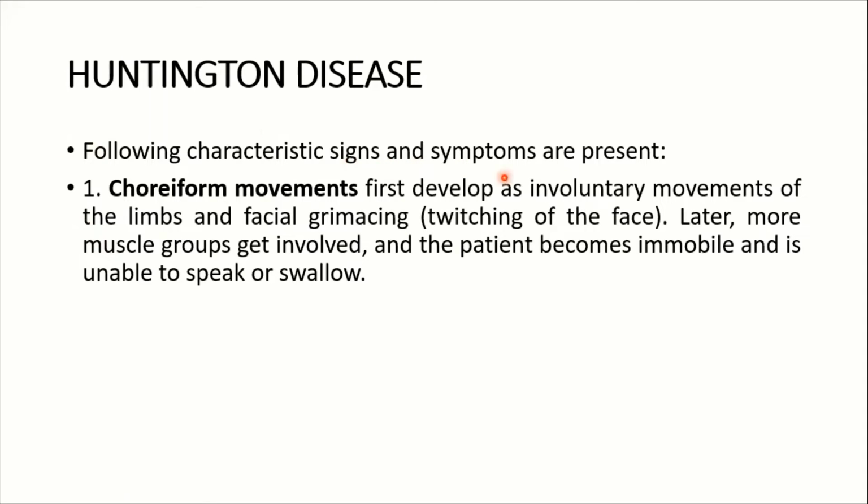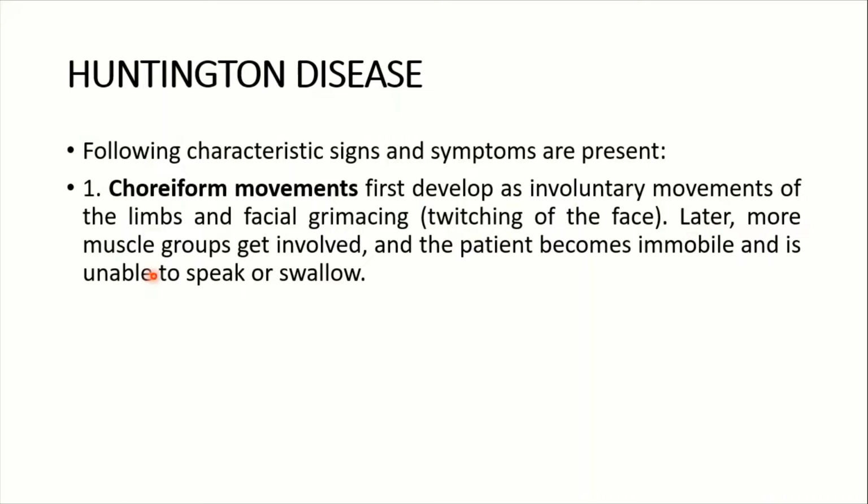The following characteristic signs and symptoms are present in Huntington disease. First of all are choreoform movements. They first develop as involuntary movements of the limbs and facial grimacing, twitching of the face.